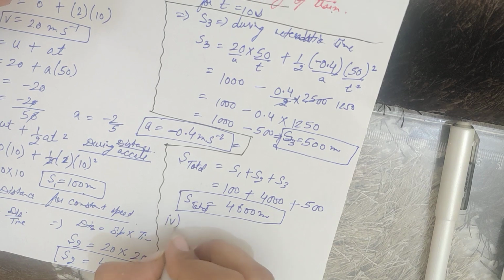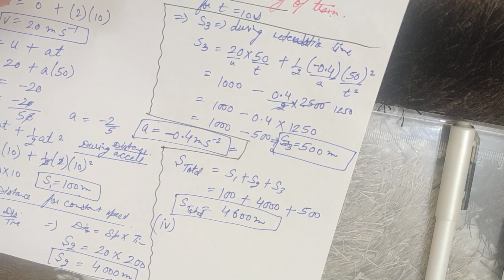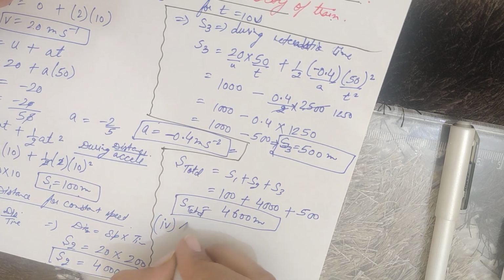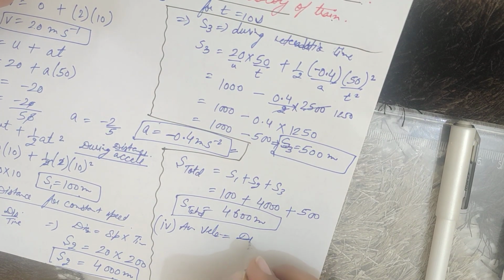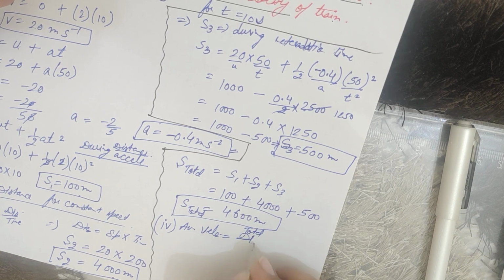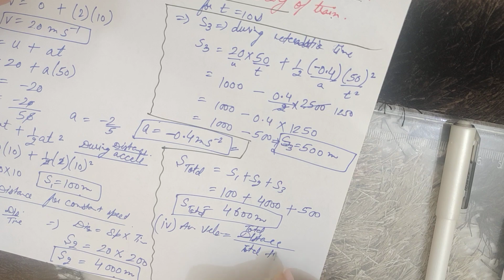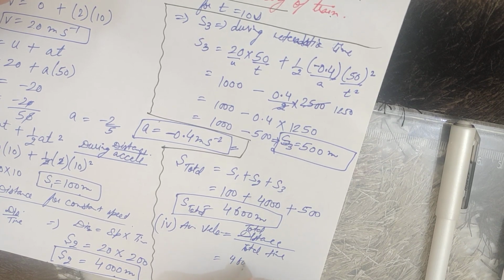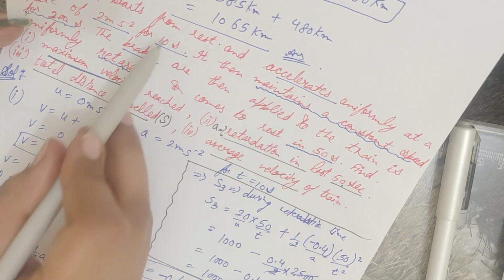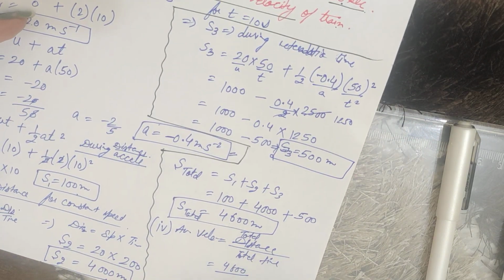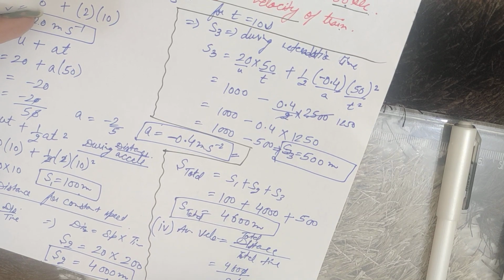Now the fourth and the last point, average velocity of the train. How to find the average velocity of the train? The average velocity is equal to total distance divided by the total time. The total distance is 4600. Total time is 200 seconds, plus 50 plus 10 is 60, so it's 260 seconds is the total time. 10 will cut.